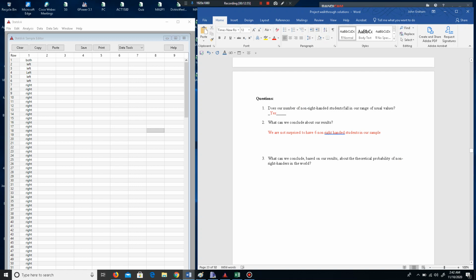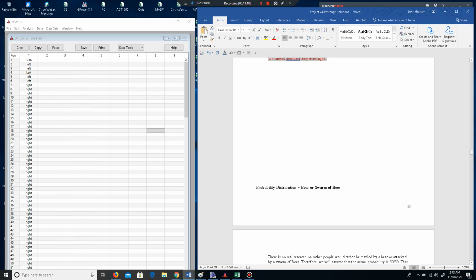And so based on the theoretical probability of our non-right-hander students, we cannot dispute the percentages. If we had something higher, maybe if we had 20 left-hander students, then maybe we can say, okay, well that didn't really follow the right thought with that.